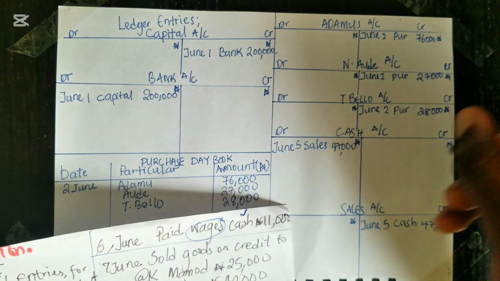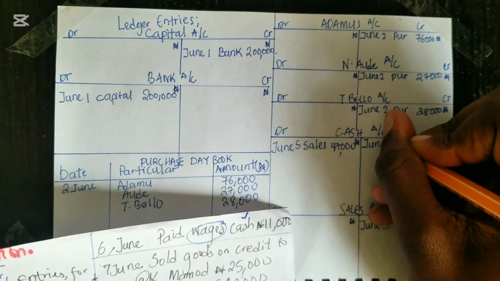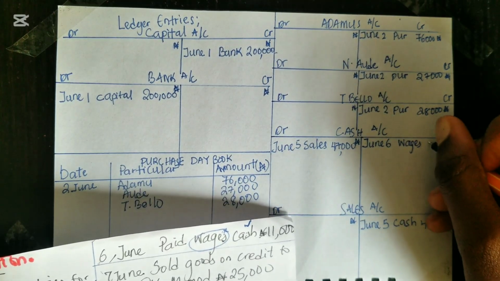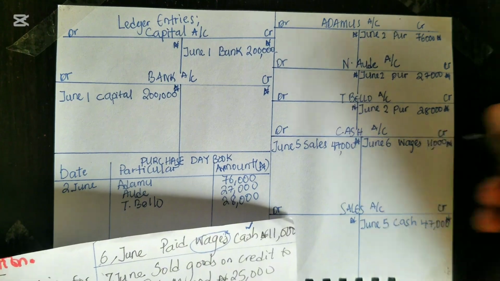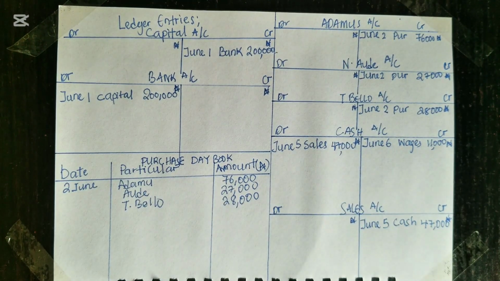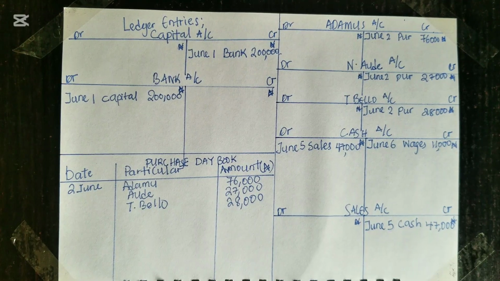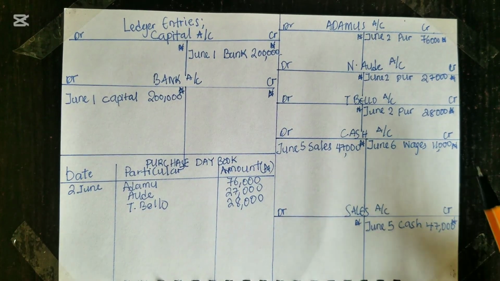So we will just credit it June 6. We write wages as the particulars, and how much is it? 11,000. So now we have done that, so we have to prepare another account. You have to prepare another account for wages account.